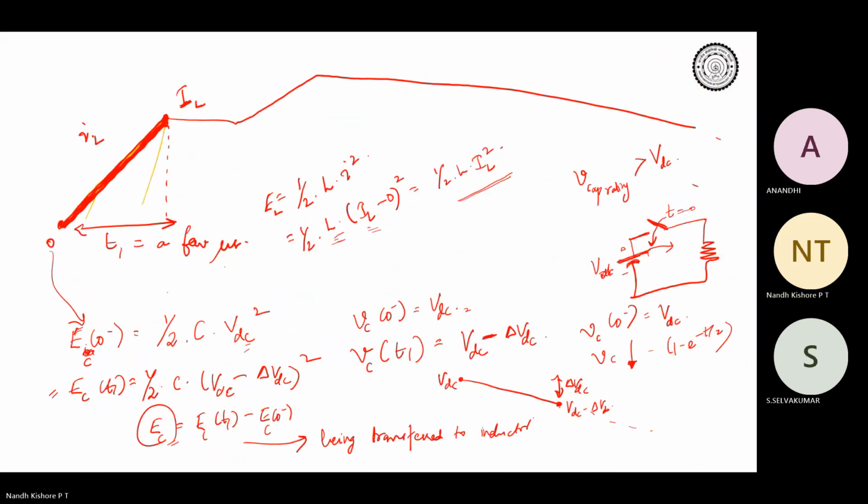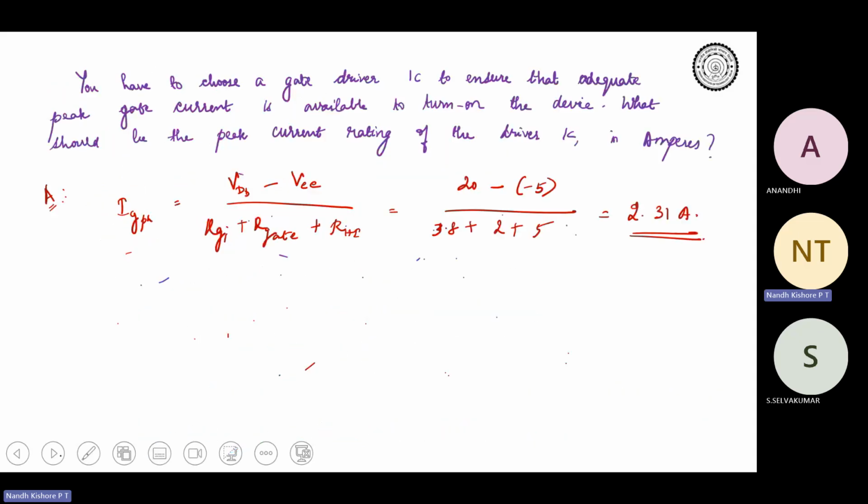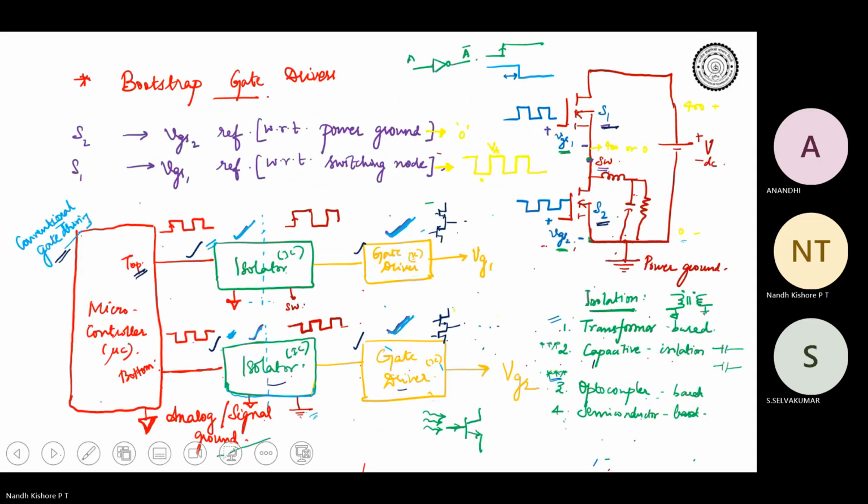So the idea is that I want to have a single source. Over here, since there are two gate drivers, you will have separate VDD, separate VEE for the top, and separate VDD and separate VEE for the bottom.